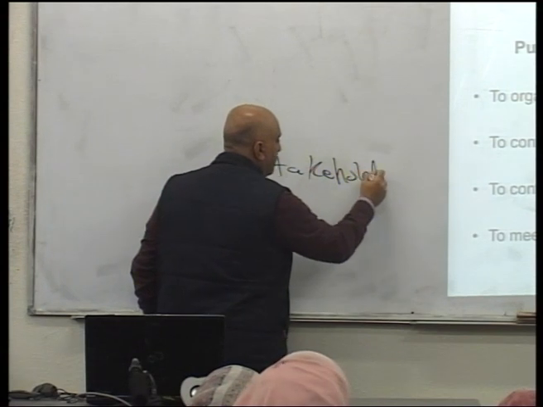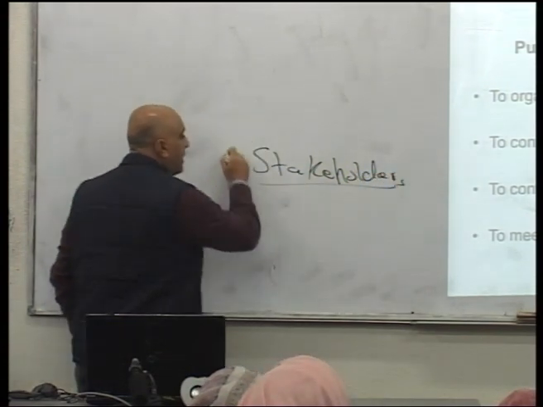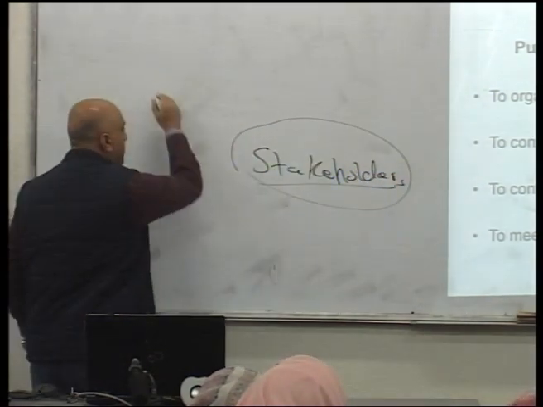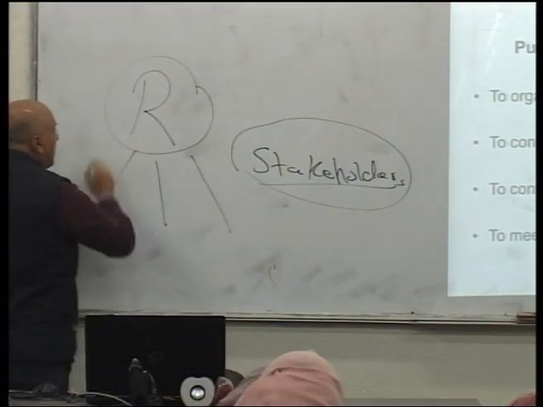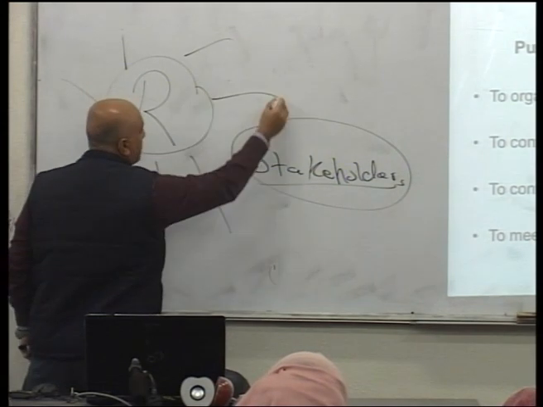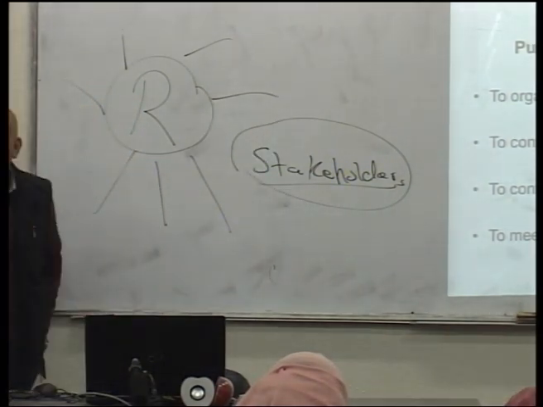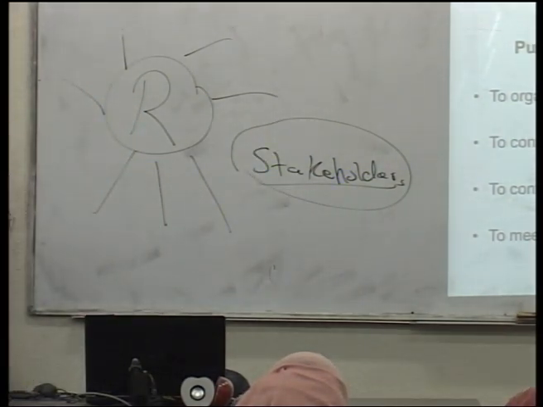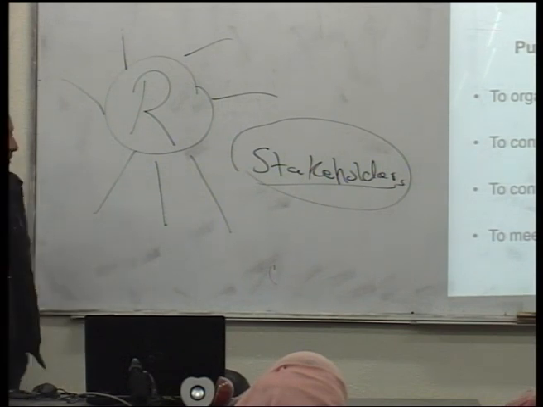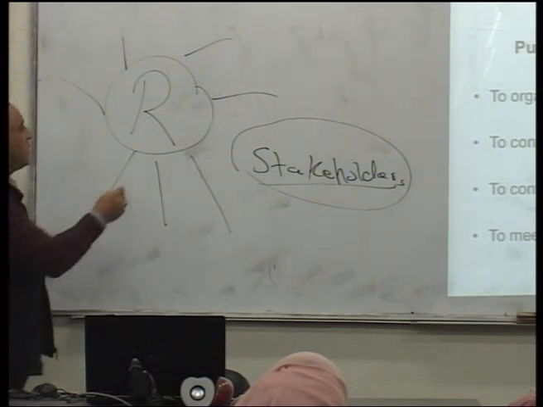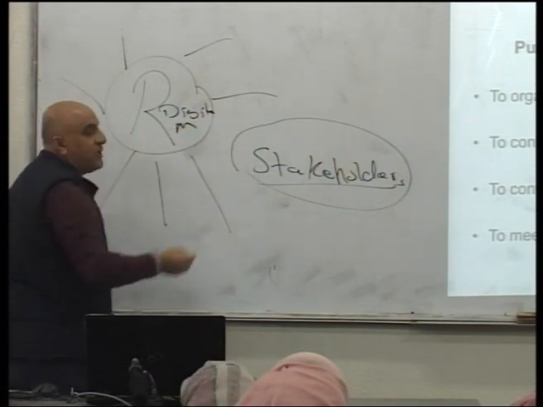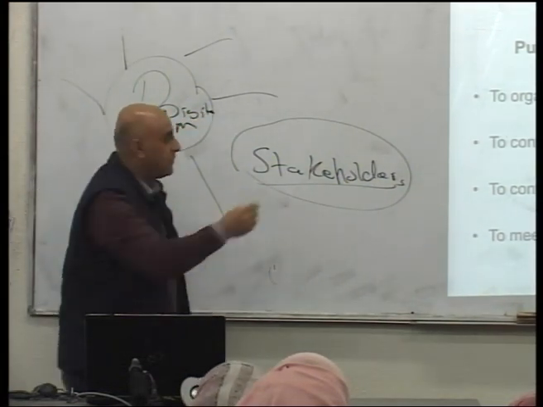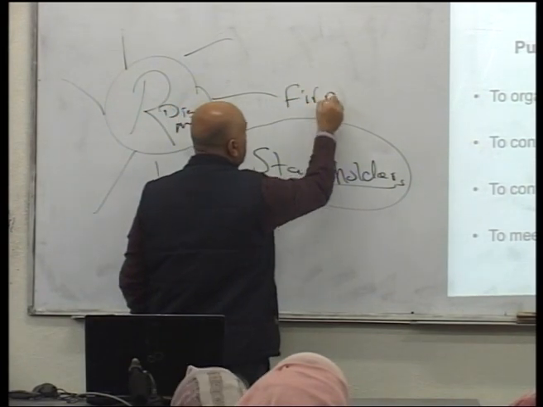Your research should be related to particular objects, or particular institutions, or particular people. Let's say, for instance, you are talking about digital marketing, so it's related to companies or firms.